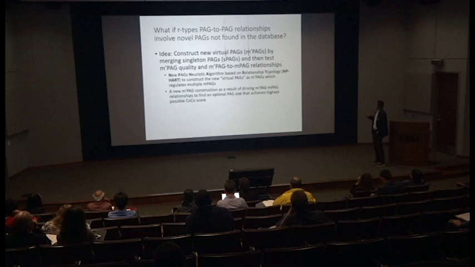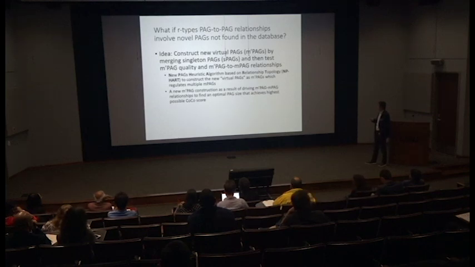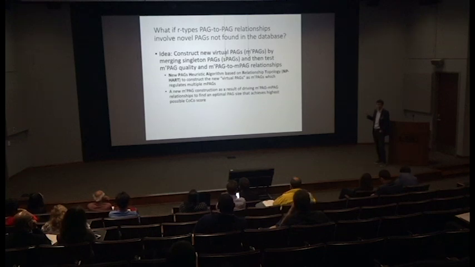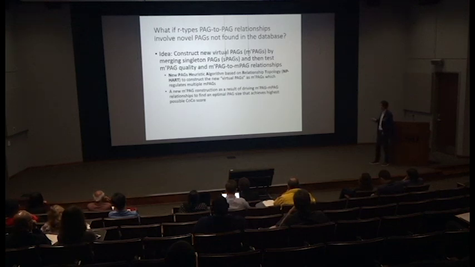And then we also did some additional work. I'll just briefly mention that this work is actually in press at the ACM/IEEE Transactions on Computational Biology. We asked the question, if there are R-type PAG-to-PAG relationships, then are there novel PAGs that are not already found? Especially, can you bundle together upstream genes all pointing to the same PAG, or downstream likewise?